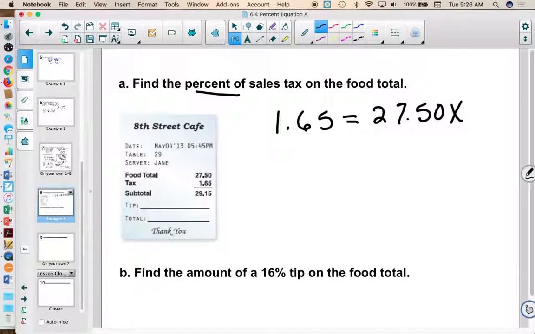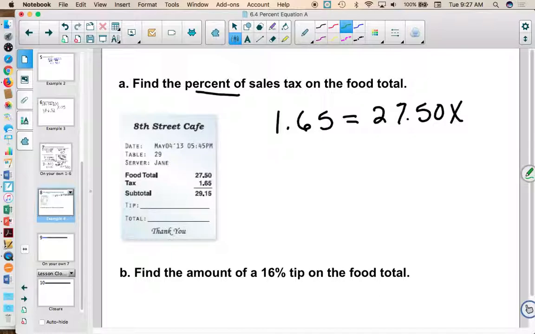So what's the sales tax that was put on this food? They charged them $1.65. What percentage is that? Am I going to solve this by multiplying or dividing?